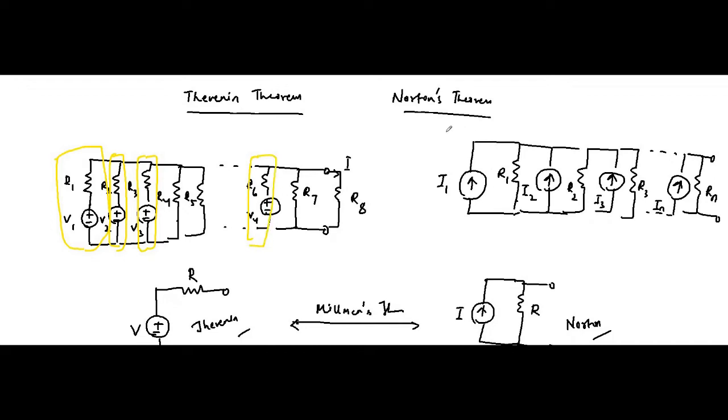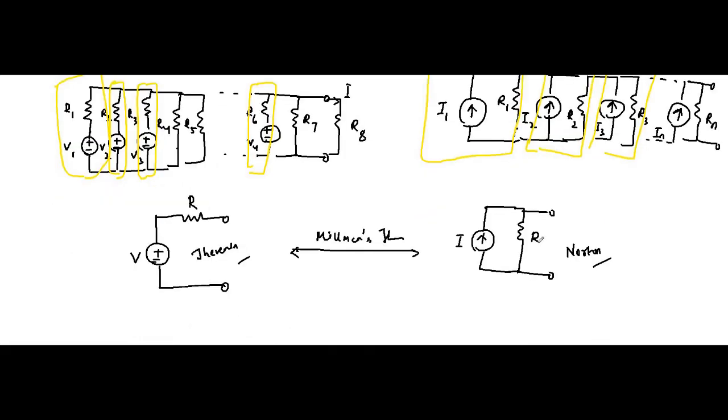And here, a current source connected in parallel with a resistor is the Norton representation. All of this also is a Norton representation. So we are just combining all of them and converting them into a simple form. That is the whole point of Millman's theorem.